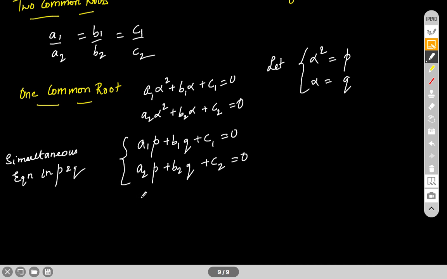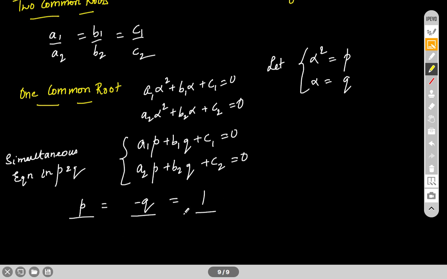I'll discuss this method with you. In Cramer's rule, what we do is we write down the names of the variables like this: P, minus Q, and 1. Always 1.